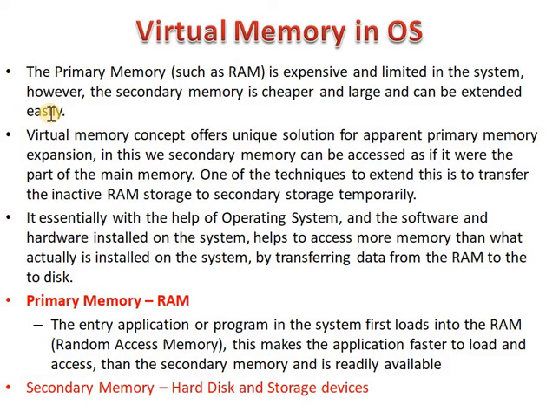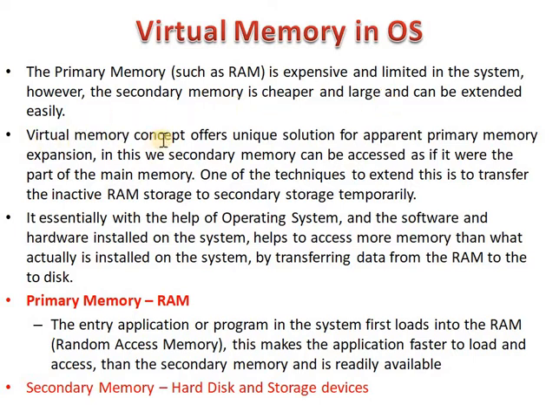We know that our computer's primary memory, that is RAM, is very expensive, and it also provides limited space. But our secondary memory, for example the hard disk, is very cheap, and that hard disk provides larger space for data storage.